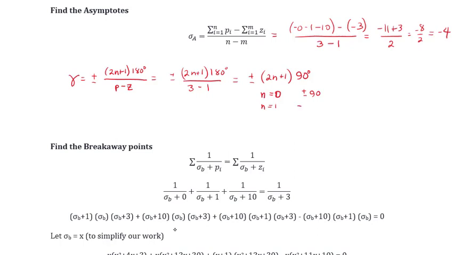So that's going to be plus or minus 270. And these are identical. So that's enough. Once we start to see identical or repeated things, we don't have to do n equals 2. So I'll just put here not necessary.